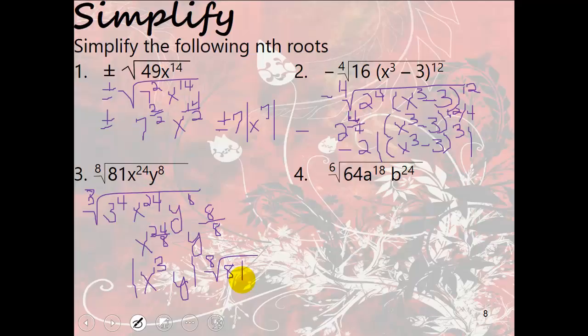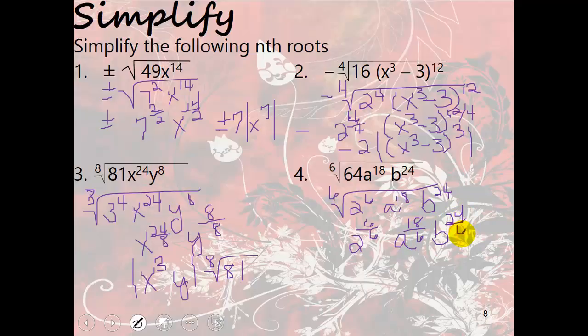All right, and the 6th root of 64, a to the 18, b to the 24. Well, 64 is 2 to the 6th, so I have the 6th root of 2 to the 6th, a to the 18th, b to the 24th. So this is the equivalent of 2 to the 6 divided by 6, a to the 18 divided by 6, b to the 24 divided by 6.